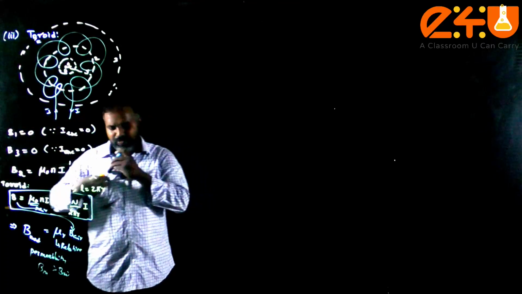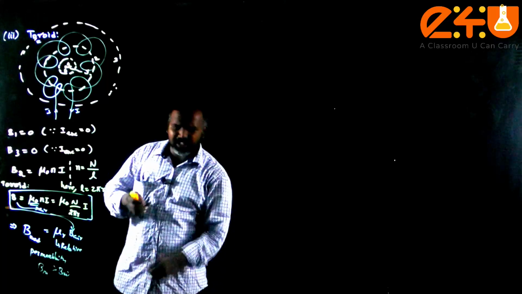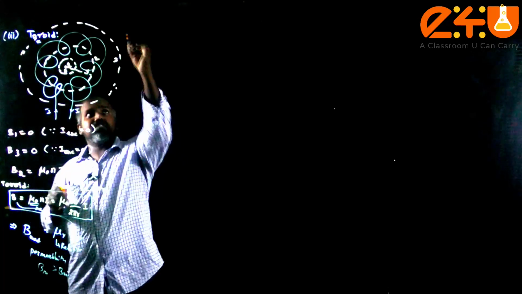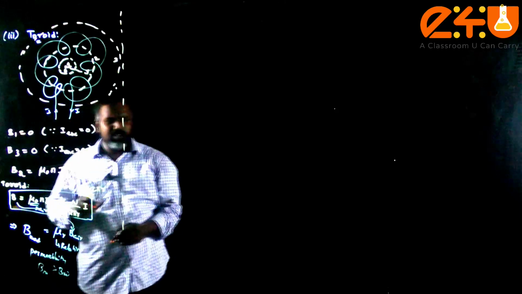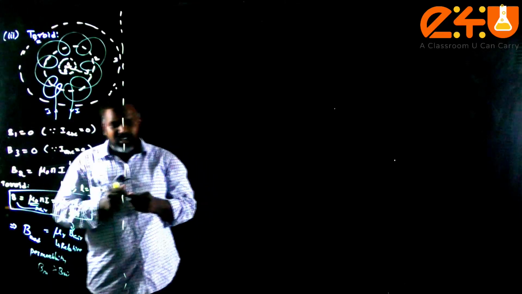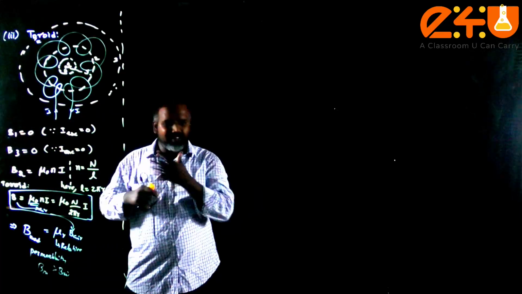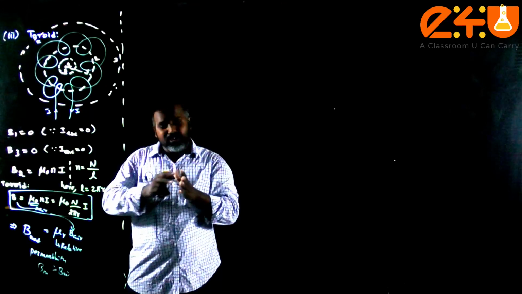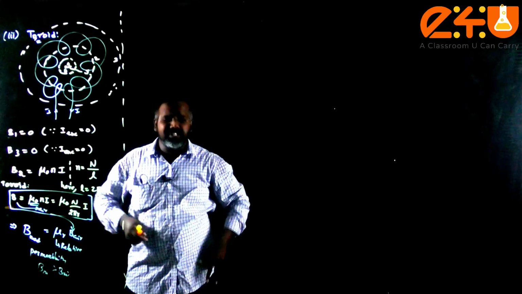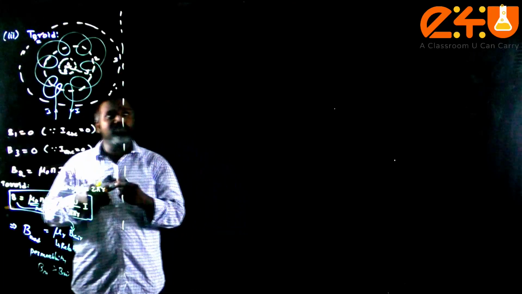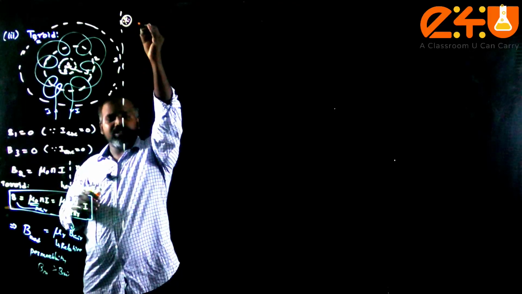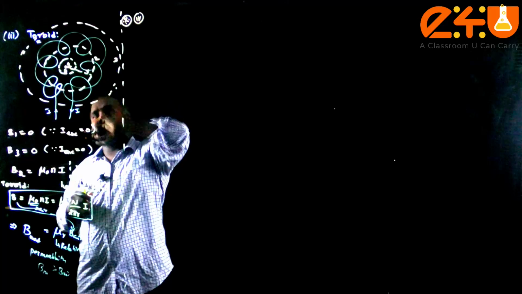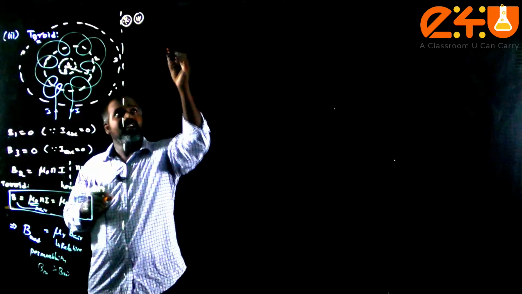Another important application is there, a very important question from your exam point of view. Now you see, consider a current carrying wire where the current is uniformly distributed over the cross section of the conductor. That is the fourth application of Ampere's circuital law.